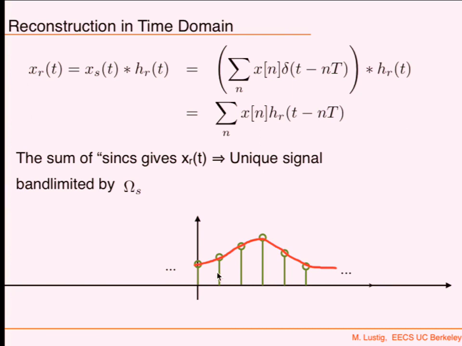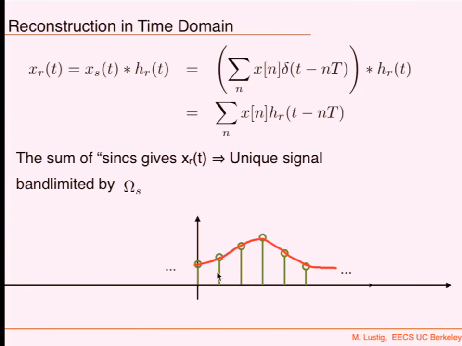Now, what happens in the case where you have aliasing? What if you have aliasing in the discrete signal? What are we going to be reconstructing? Something else.